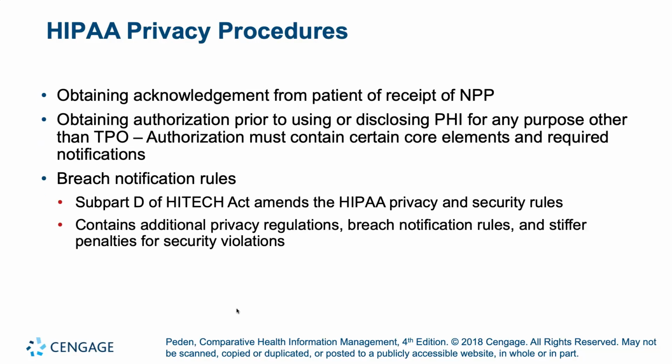And this just is a brief overview going backwards over HIPAA privacy. I'm not going to spend much of any time with this because you can read it in your book and on the screen and in several other classes.